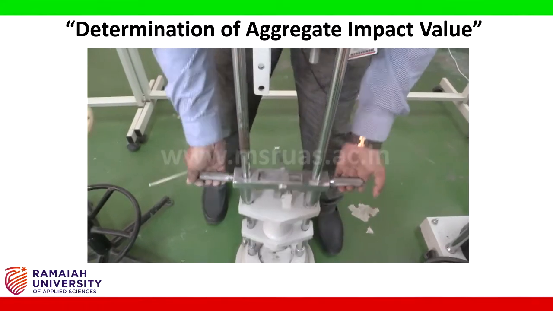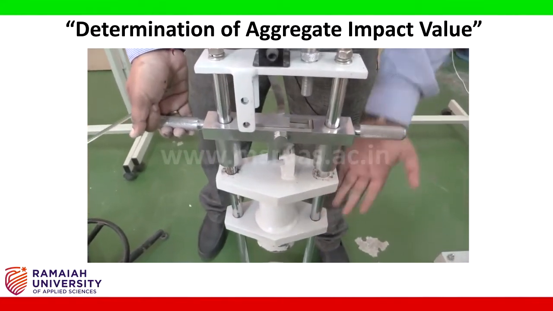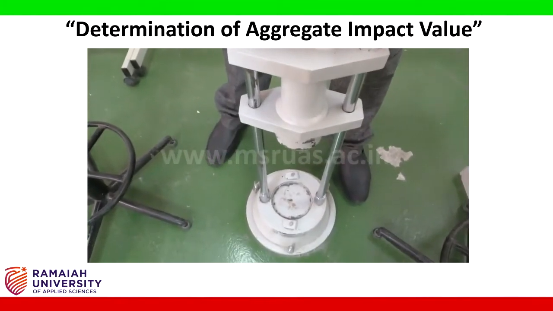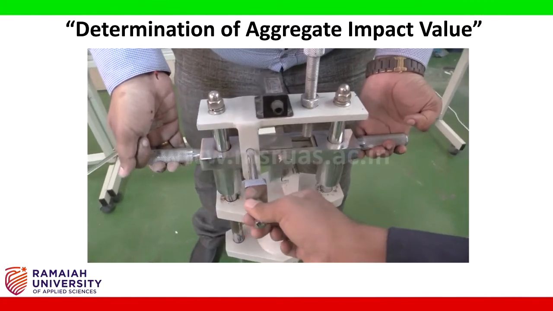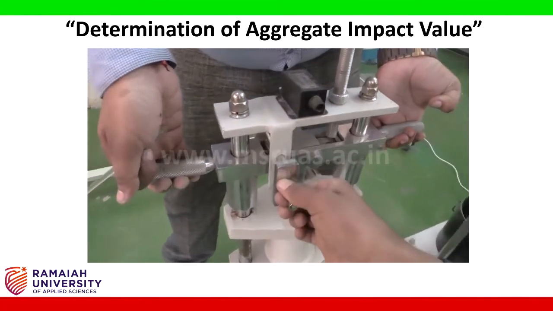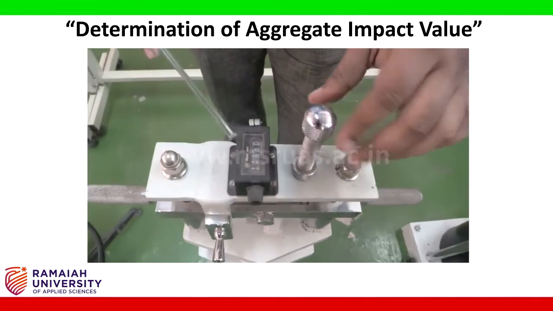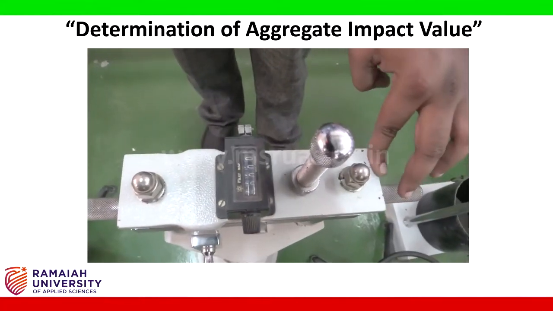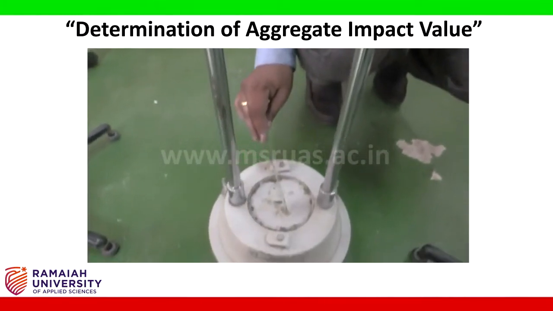This is a weight of 13.5 kg which we allow to fall freely. There is a lock given to it. It has a counter, which is a mechanical counter. We are going to place the entire testing unit here.